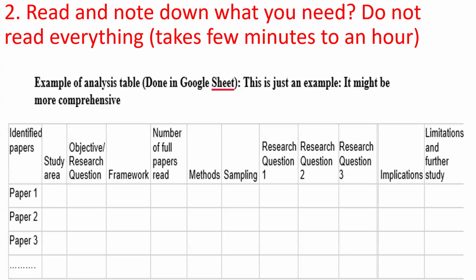In the first step, 1 to 5 minutes. This might take around 20 minutes maximum. In 20 minutes, you can take out whatever you need. Don't read the full article. If you read the full article, it might take a whole day. Just take 20-30 minutes to take out whatever you need. I'm giving an example. You don't need to take out everything given over there. Just take out whatever you need. So it will help to identify whatever you need.